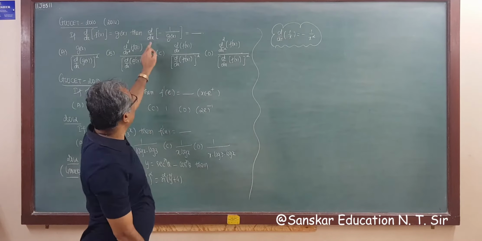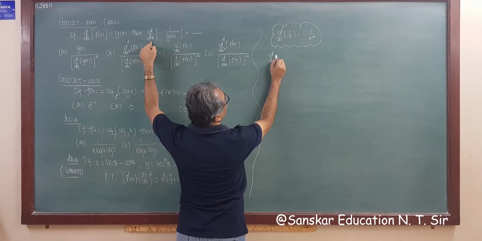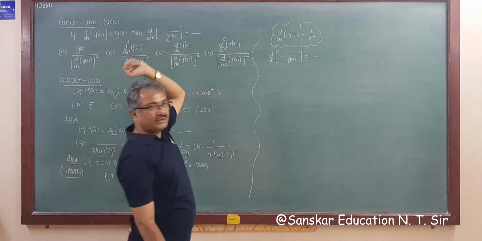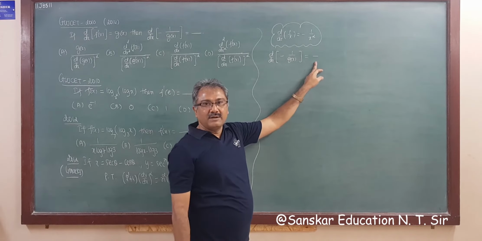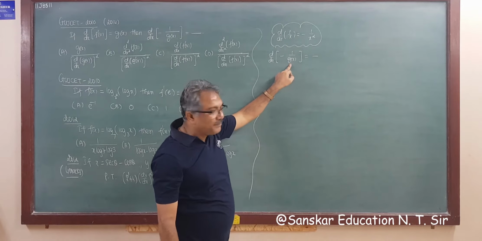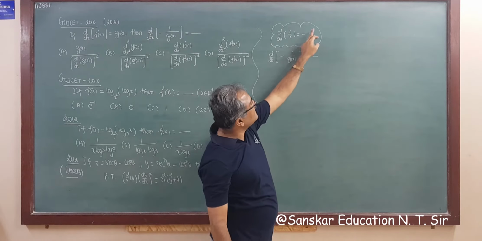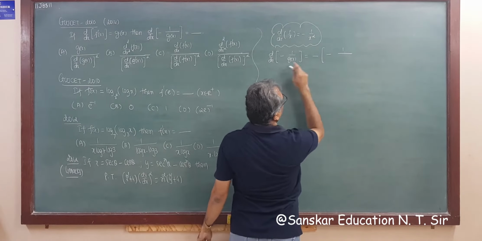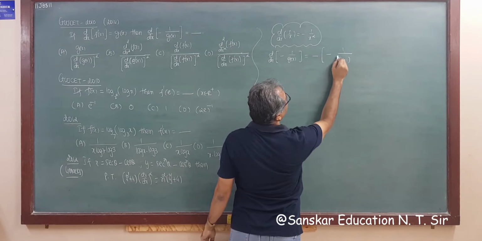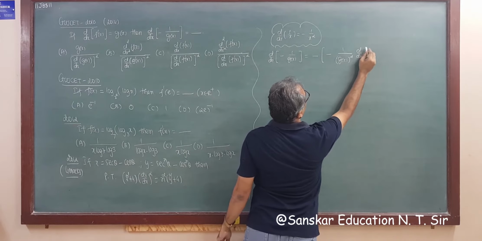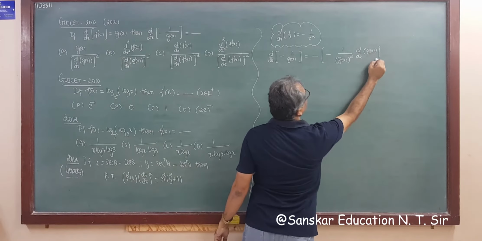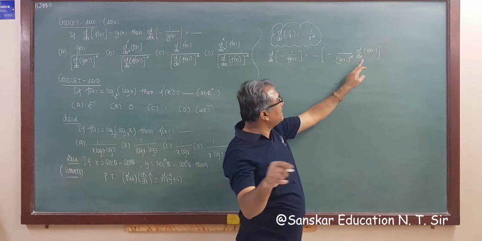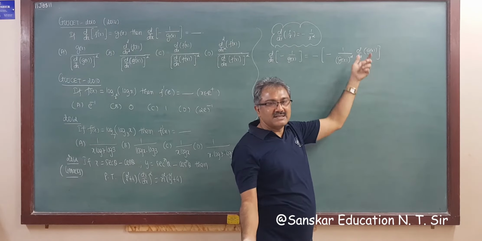Minus is constant, so take it outside. The derivative of 1 upon bracket is minus 1 upon bracket square into d/dx of the bracket. So the answer will be minus 1 upon g(x) whole square into d/dx of g(x). This is the derivative.